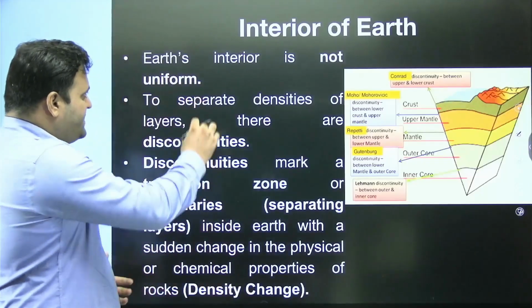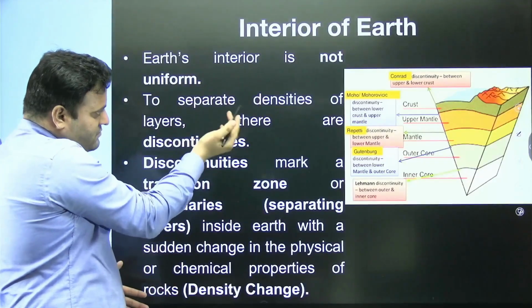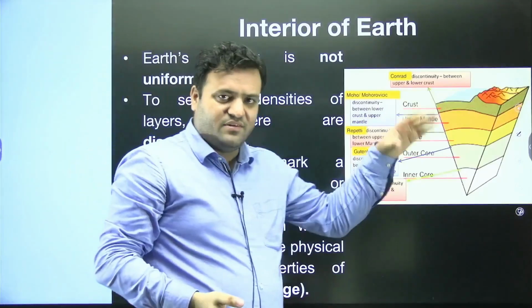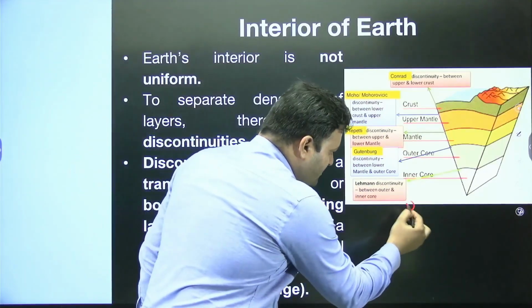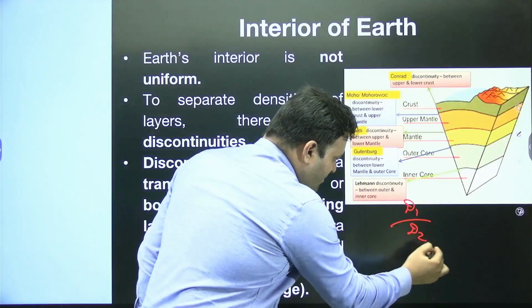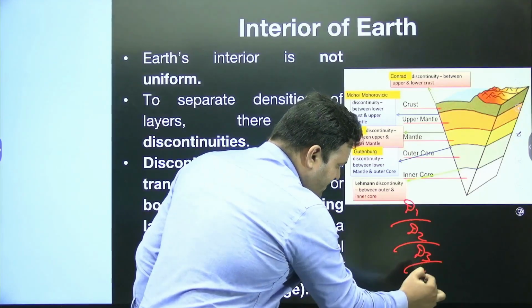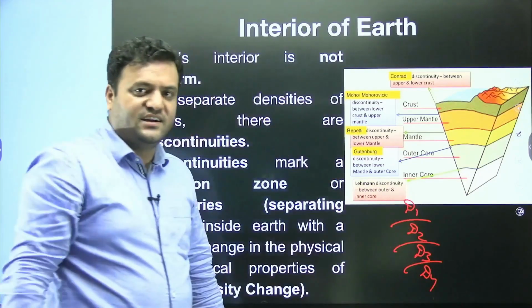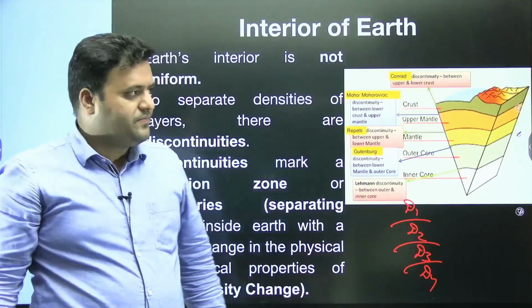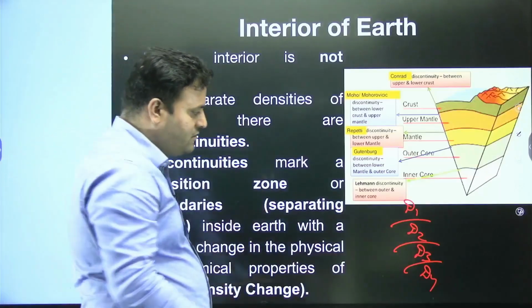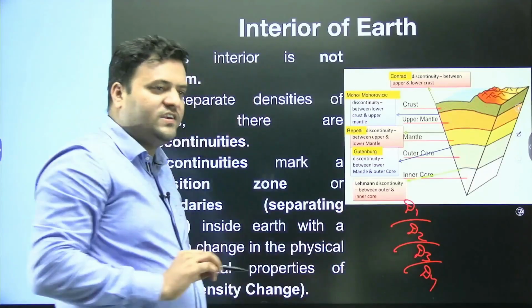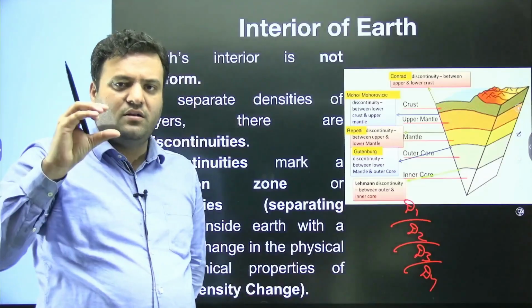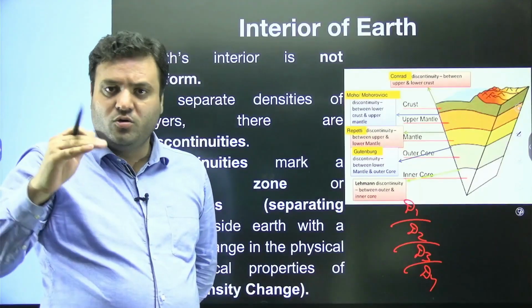So Earth's interior is not uniform, and as we have discussed, there are certain categorizations or certain layers of rocks which are being categorized in terms of layers. In order to mark this density difference, think of oil and water. Oil and water are not going to mix with each other, though both are liquid.